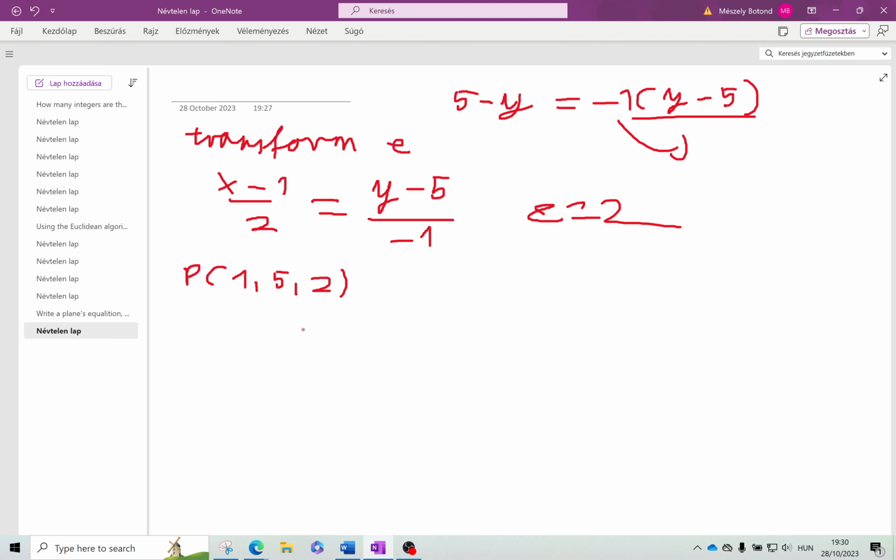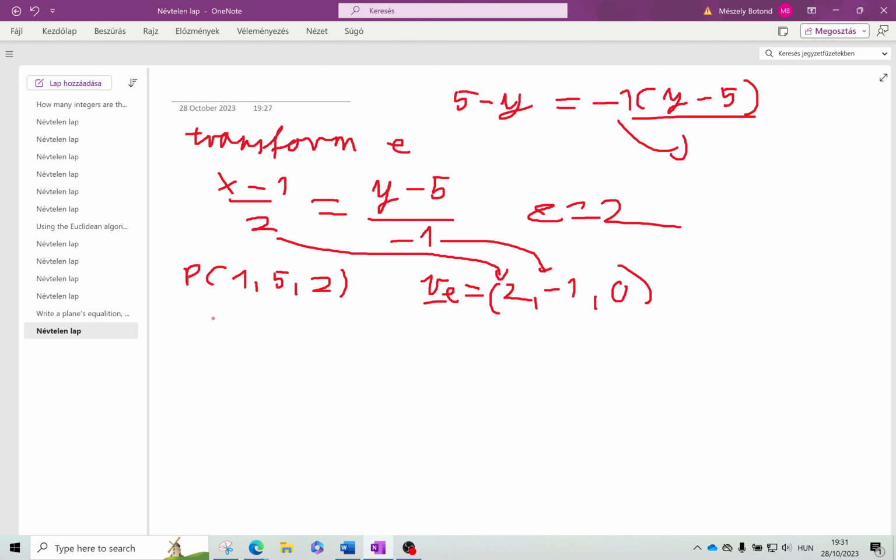So P is on the line, and we can also calculate the direction vector for A, which is 2, minus 1, and 0 because 2 is a constant number. And we now have a point on A and a direction vector.